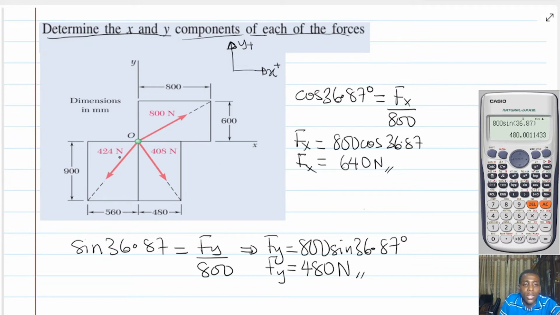Let's come to this 424 guy. So I'll use the same approach by finding an angle theta right here. Now in this case, I'm going to do tan inverse again.